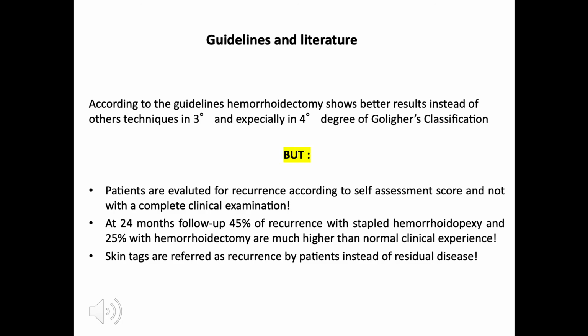And if you look at 24 months follow-up, 45% of recurrence with stapled hemorrhoidopexy and 25% with hemorrhoidectomy are much higher than normal clinical experience. And skin tags are referred to as a recurrence by patients instead of residual disease.